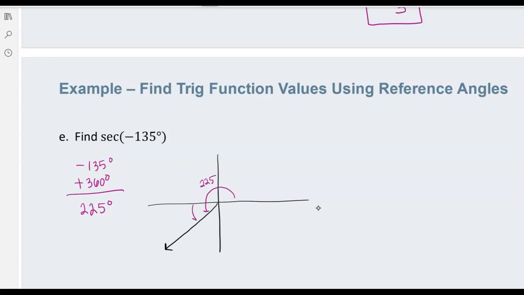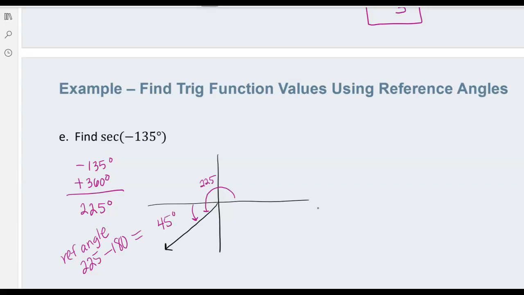So this is the reference angle right here. It always goes from the terminal side to the x-axis. So this is going to be 225 minus 180, which is 45, right?